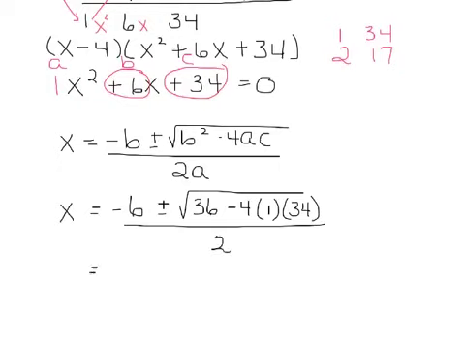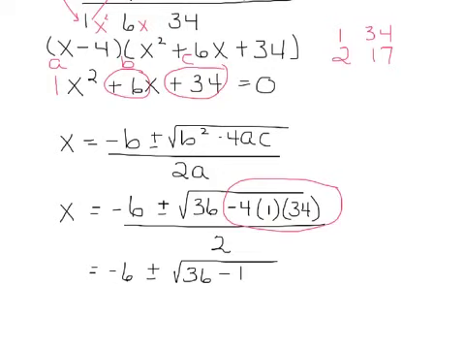So now we'll begin working on this by reducing what's under the radical. So we have -6 plus or minus square root. We'll keep the 36 for now and multiply the -4 times 1 times 34. So there's only one minus, so we have a minus, and then 4 times 1 is 4 times 34 is 136, still all divided by 2.